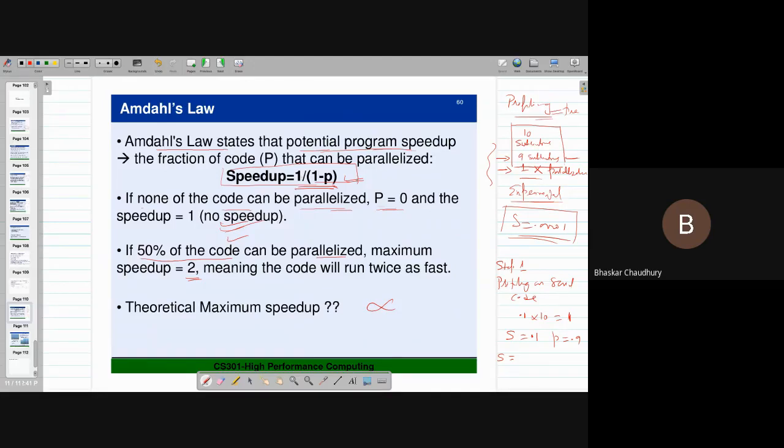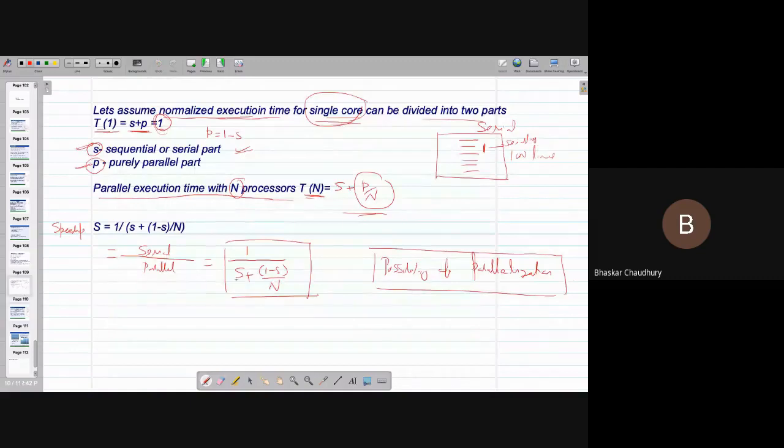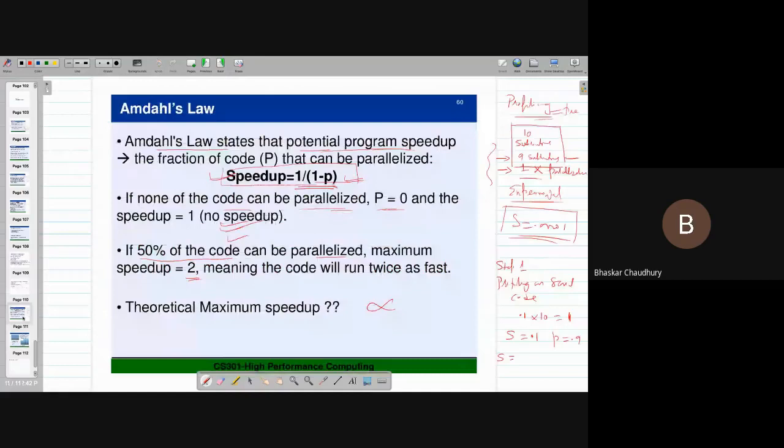But now let's be more practical and bring back the n which is present in this relationship. If you make this n infinite, then what you get is 1 divided by s, and 1 by s is nothing but 1 by 1 minus p, and that's how we got this.